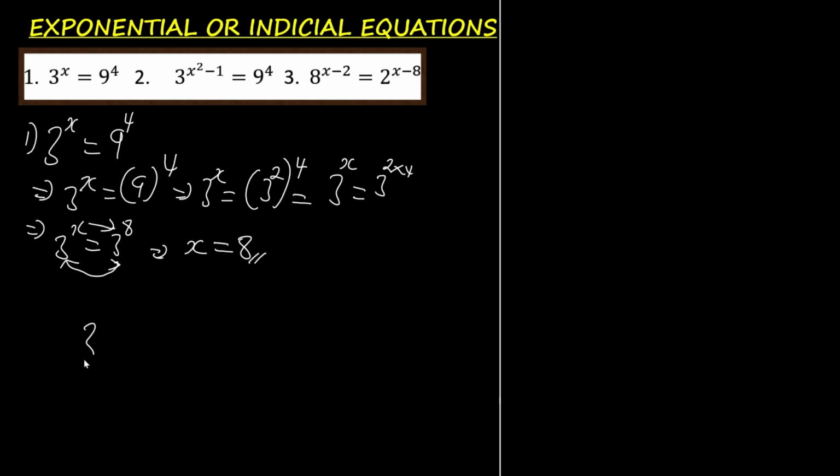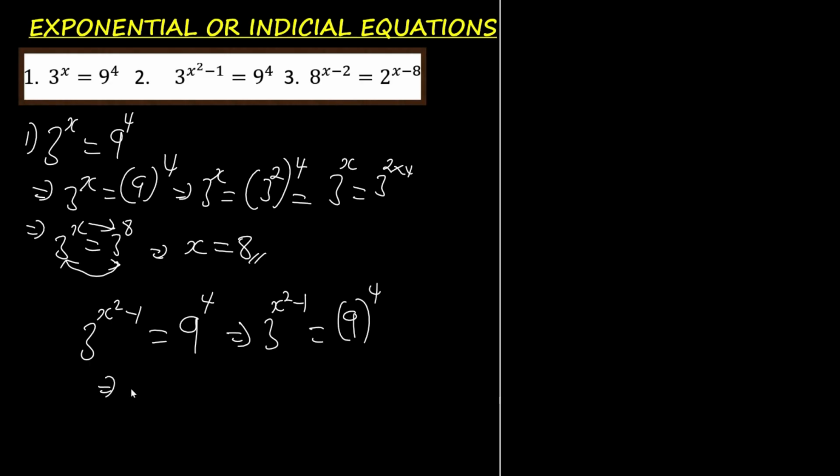We have 3 raised to the power x squared minus 1, which is equal to 9 raised to the power 4. This one is similar to the first one we solved. 3 to the power x squared minus 1. So let me put this 9 inside the bracket.